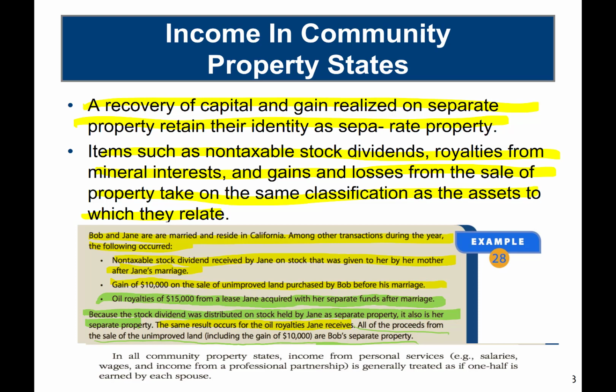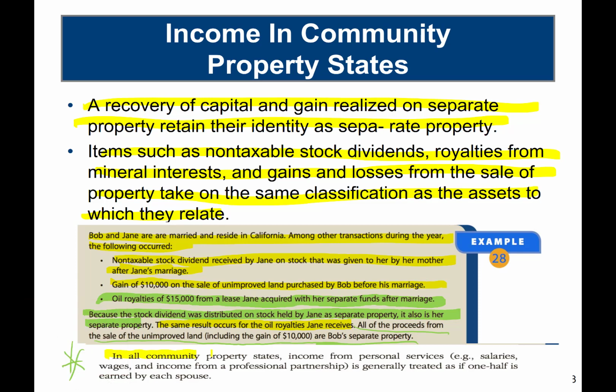Okay. And again, in all of the community property states, and it's kind of this little tiny thing down here, and you almost think it's an afterthought, but it's a pretty important one. I'll put a star there just so we realize that I'm not trying to minimize it by having it so small down there.